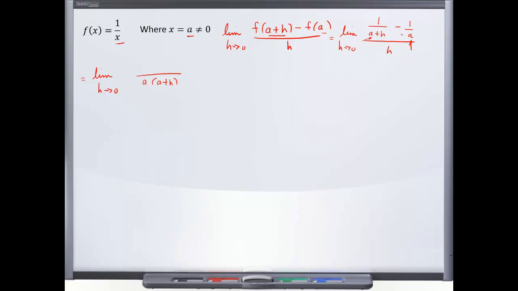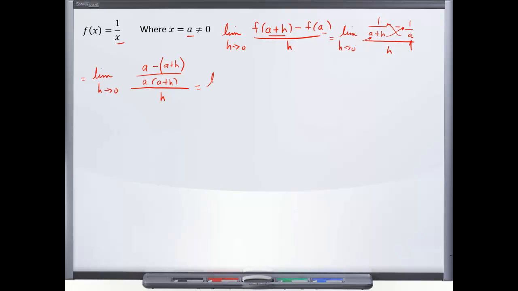Then most students will say cross multiply, or I'll say what's missing on the first one, and you can see that's an a. And on the next piece, my 1 over a, cross multiplying gives a plus h. One thing you have to be very, very careful of is that you are subtracting all of that a plus h. Don't lose that minus sign, because you're going to end up distributing it. And then of course all of this is over h.